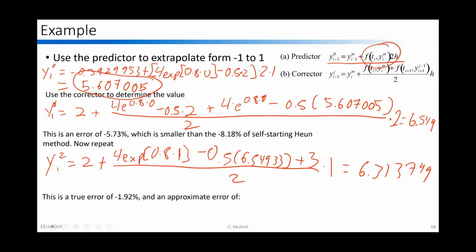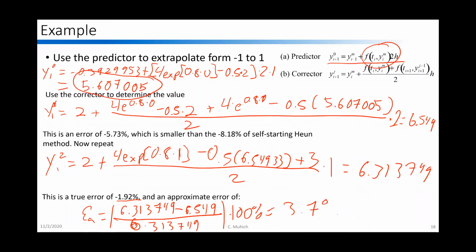This step now gives us a true error of negative 1.92 and an approximate error of, let's see, 6.313749 minus 6.549 over 6.313749 times 100%, of 3.7%.